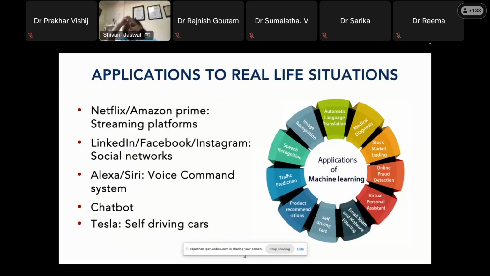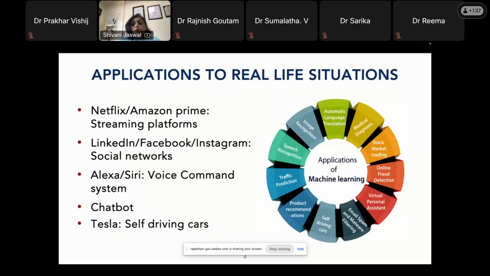In today's times, we interact with AI in a large number of ways. Some common ways that I'm sure all of us have encountered AI is receiving video recommendations on streaming platforms like Netflix and Amazon. You see one kind of shows and immediately it will recommend similar shows. Similarly, we get recommendations on social network sites like LinkedIn, Facebook, Instagram.